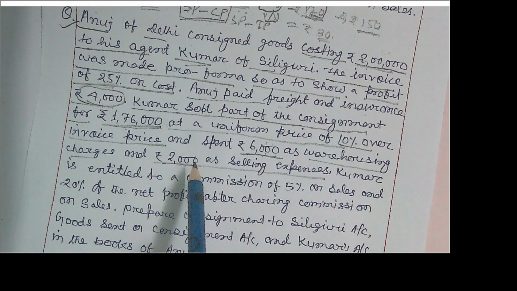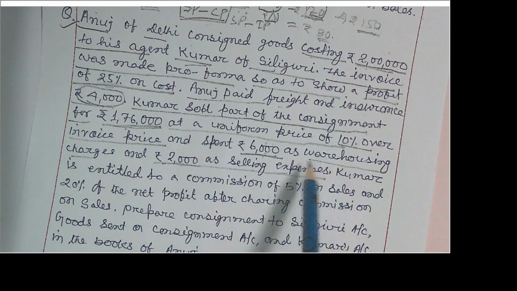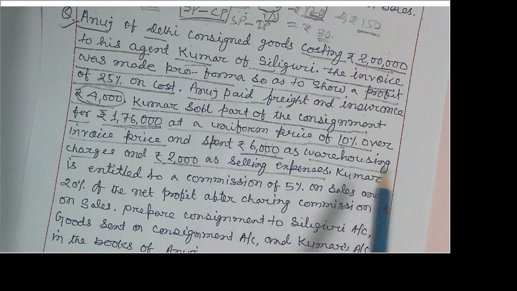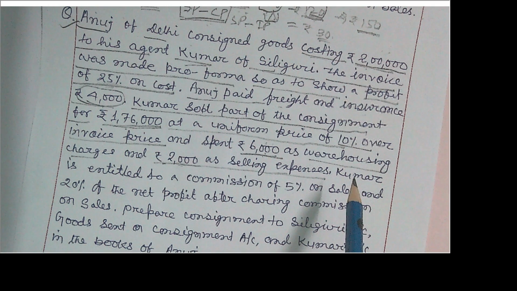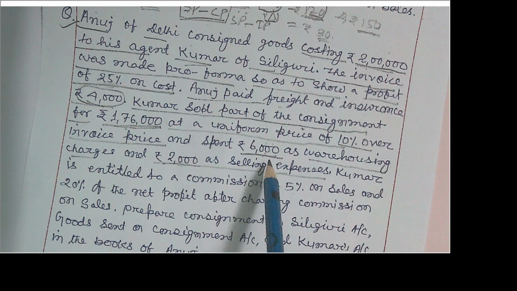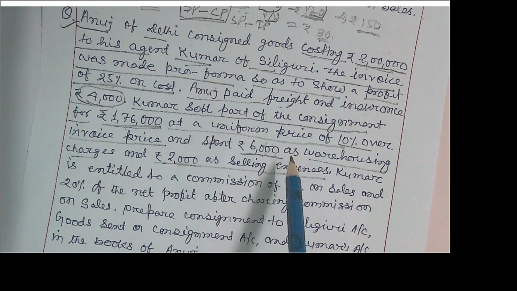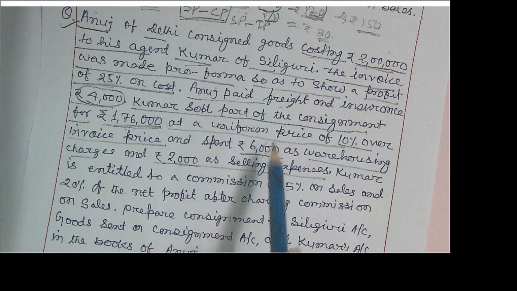Recurring expenses and non-recurring expenses. Recurring expenses, which happen regularly, of the consignee are not taken. Non-recurring expenses happen once, at the time of receiving the goods. If the consignee spends any amount at the time of receiving the goods, that amount shall be taken.